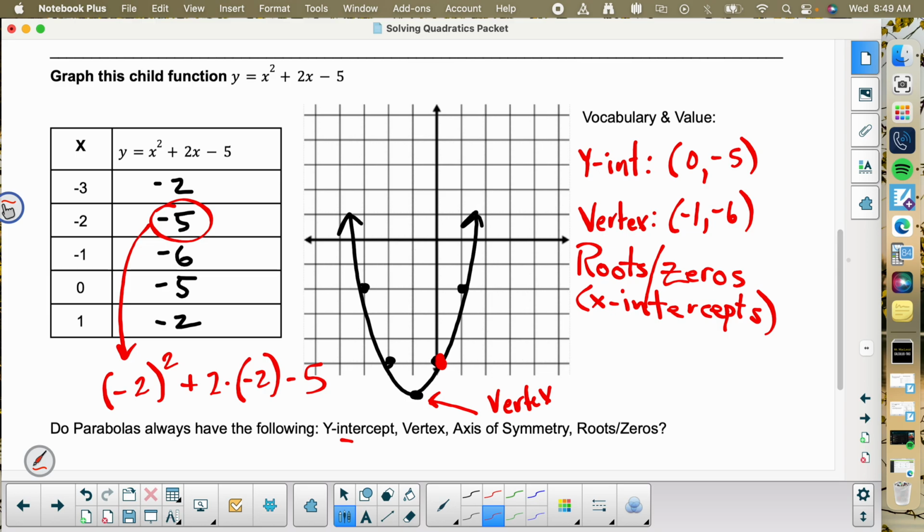About where does this graph hit this line? We're just gonna say about because it's not a nice number. So if we had to give a number to it, we'll just call them halves, but.